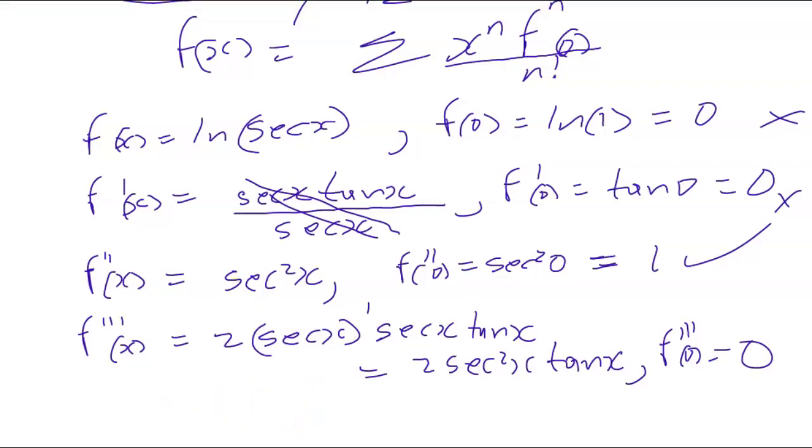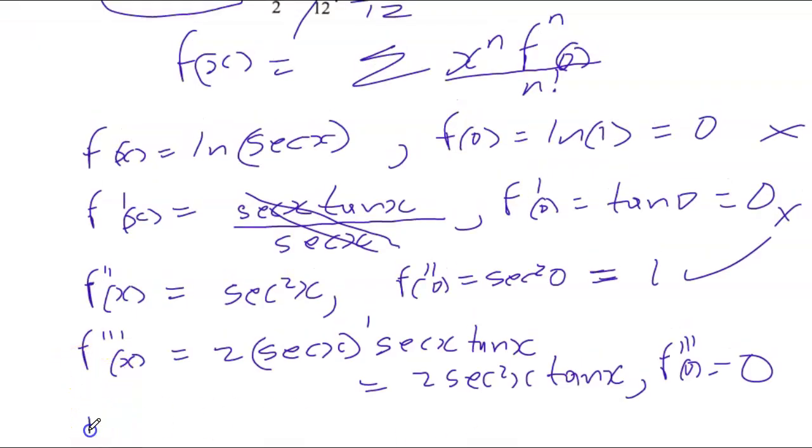Let's do the fourth derivative. Of course, product rule. So we have sec square x, and we'll treat tan x separately. We differentiate 2 sec square x, and differentiating sec square x gave us 2 sec square x tan x, but it's 2 times that.